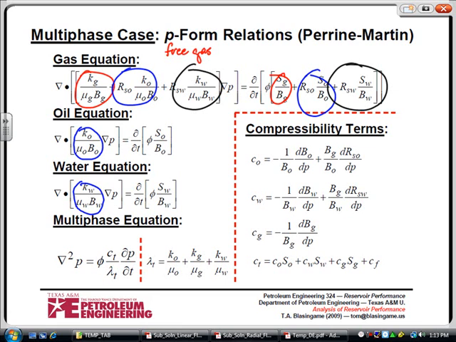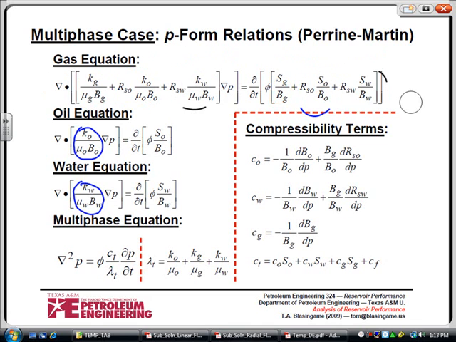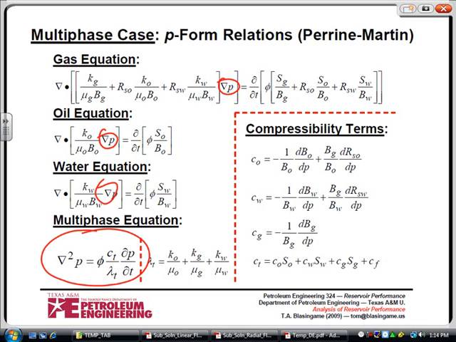Now you have 3 equations. Somebody tell me the unifying element in these three equations? Very good. Pressure. So all we have to do is figure out a way to combine these three and come up with a single differential equation. How are we going to do that, Mr. Stone?